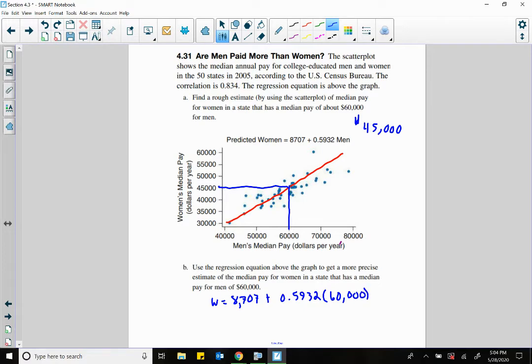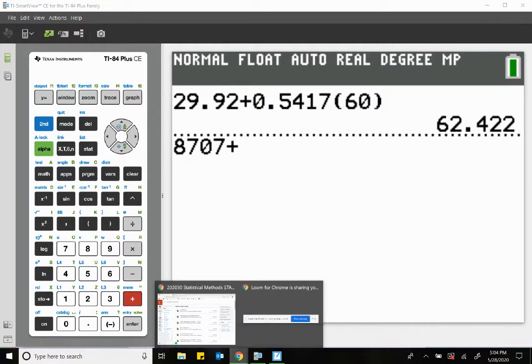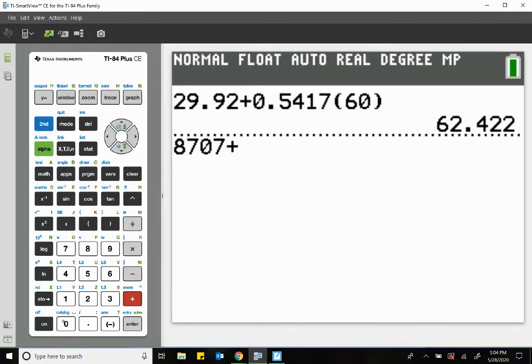Okay? So we go to our calculator. 8,707 plus, it is 707, right? Yep. 0.5932. And then 60,000. Hit enter.